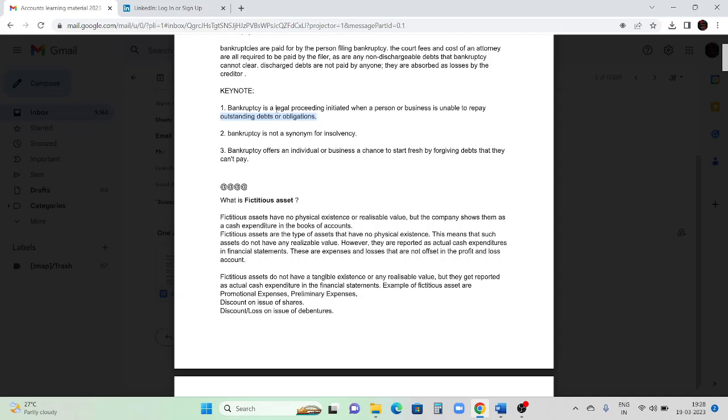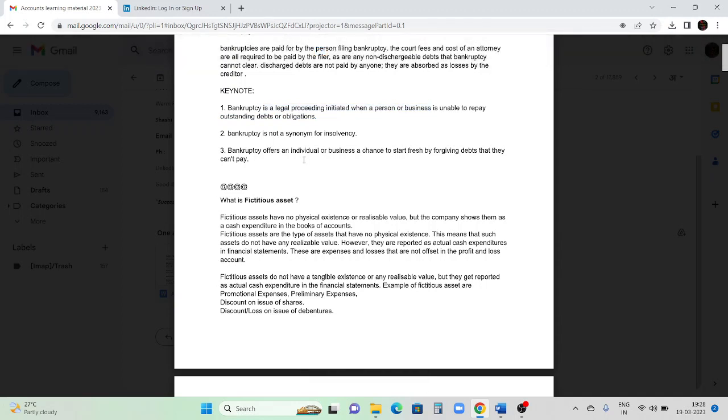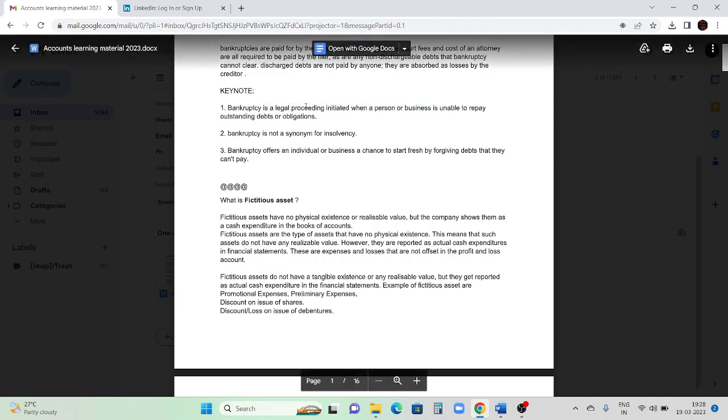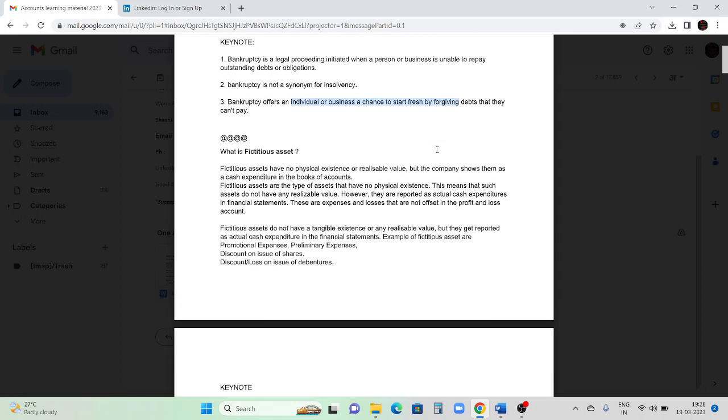Here there are a lot of words which give you a simple explanation which is understandable and easy enough. It offers an individual or a business a chance to start afresh by forgiving debts that they cannot pay.